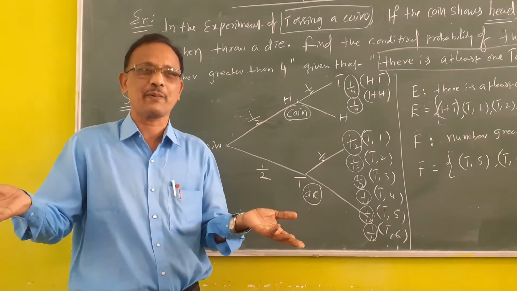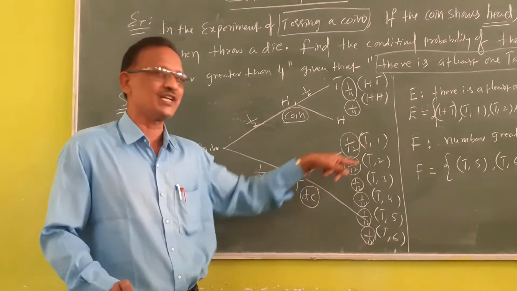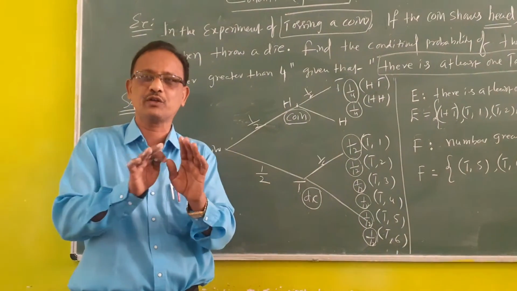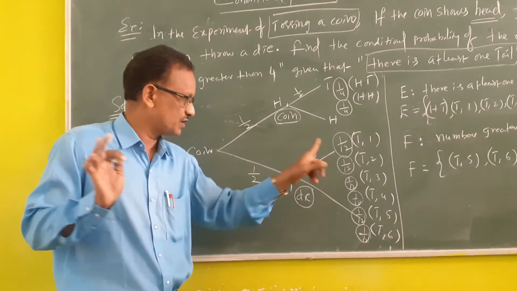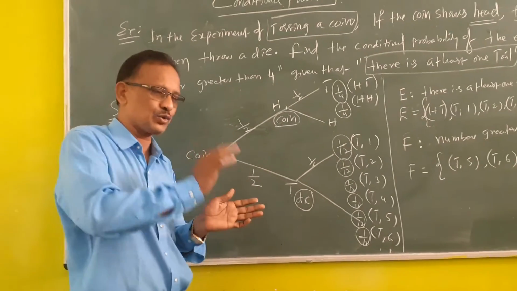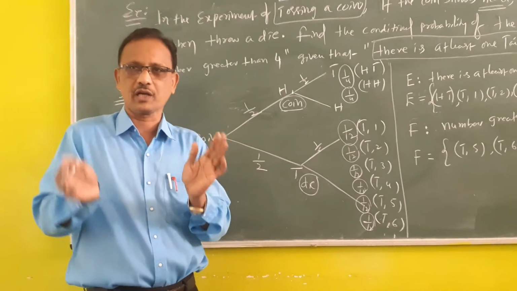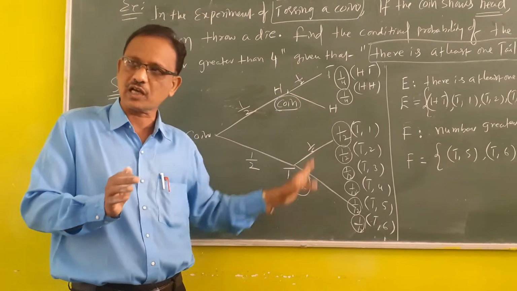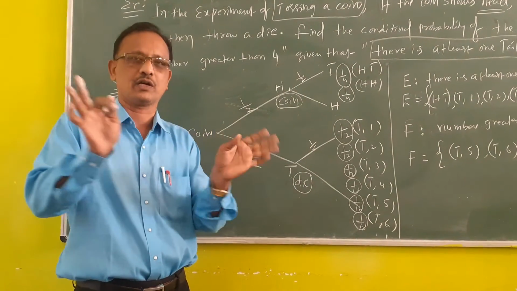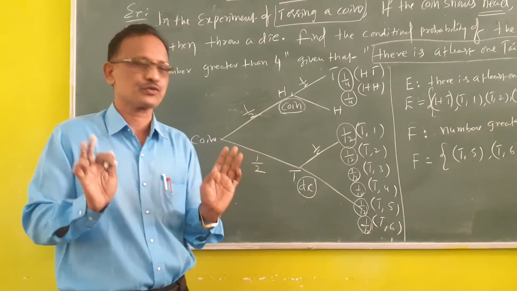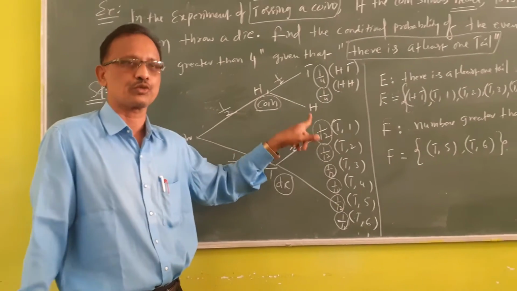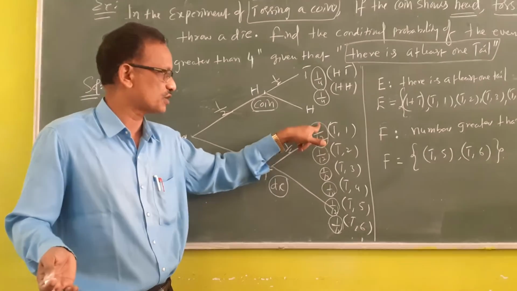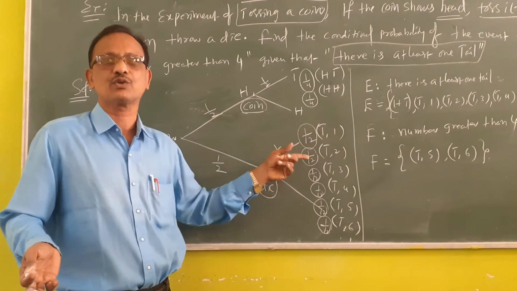But generally what will happen after this event, H1, H2, H3 also happen when two experiments are going on, but we don't want those. So because of that, there are 12 outcomes. This is one outcome, therefore 1 by 12.